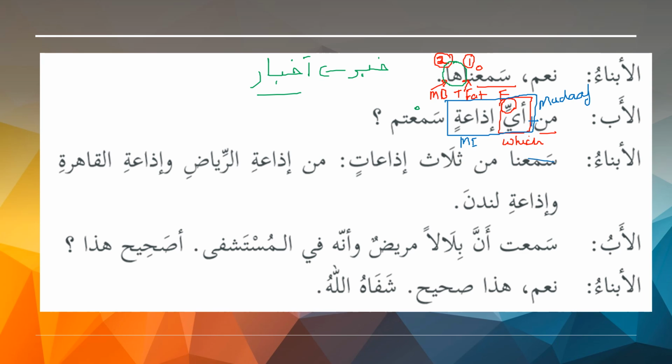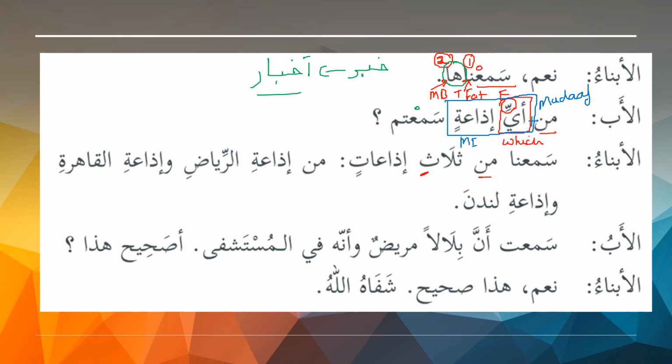So the sons say sami'na min thalathati. Now they heard. So the sons are saying sami'na, we heard, min thalathi. So what should be the haraka? Min thalathi. Because of the harf jar, it will be in majroor case. Min thalathati, sorry, min thalathi ida'atin.